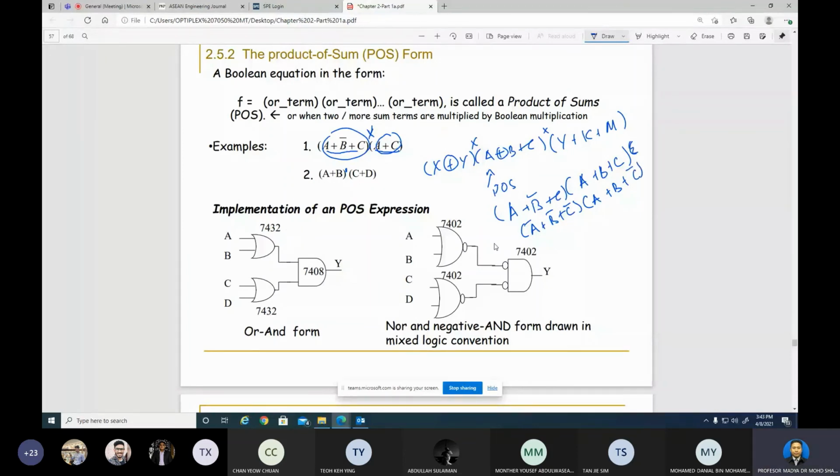So we have four terms. This we call the standard POS, standard product of sum, because each element has A, B, C, and also this one has the A, B, C inverted. Even whether we have the invert bar or not is okay.